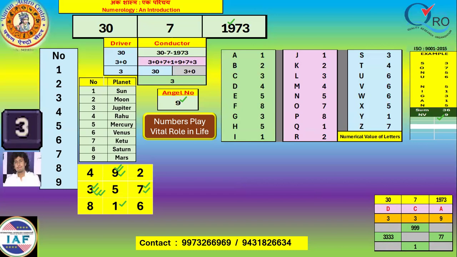So 2 is missing, 4 is missing, 5 is missing, 8 is missing, 6 is missing. So many numbers out of 9 numbers. You can see the native has only 1, 3, 7, 9. 4 numbers are there. 5 numbers are missing, which are 5, 4, 2, 8, and 6.